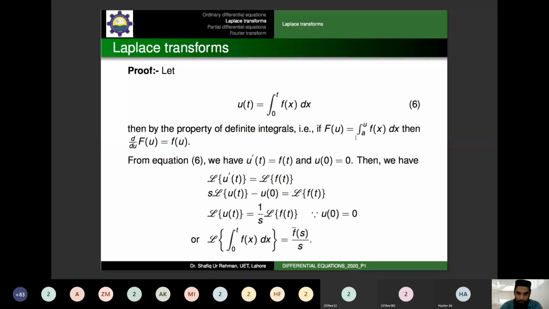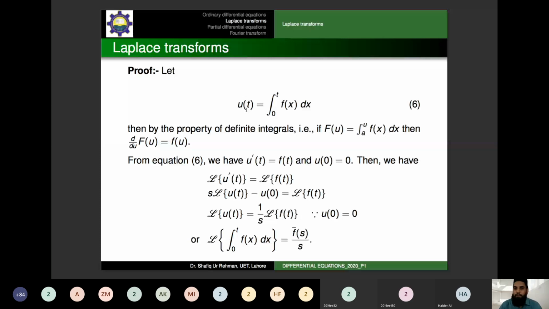If you differentiate both sides with respect to t, on the right hand side you will get the original function back, and the variable will be t. So here you go, f of t.